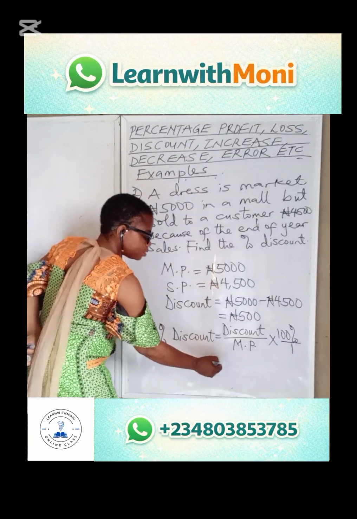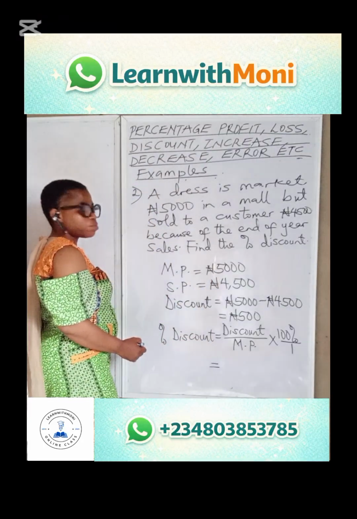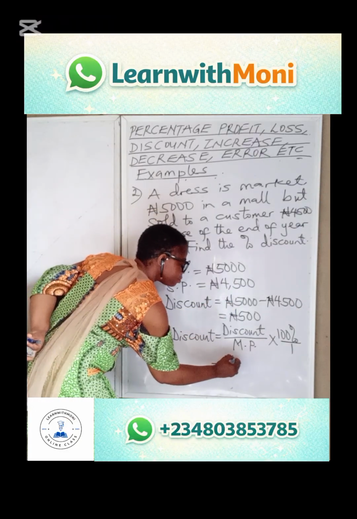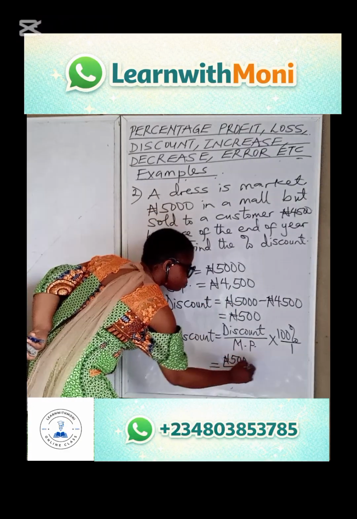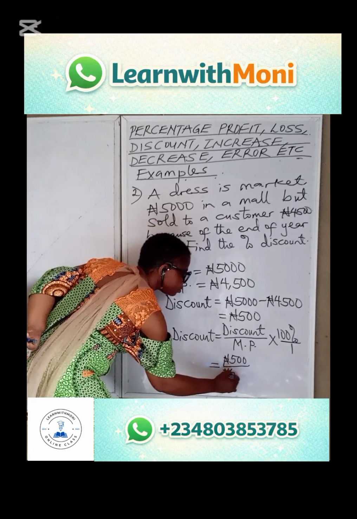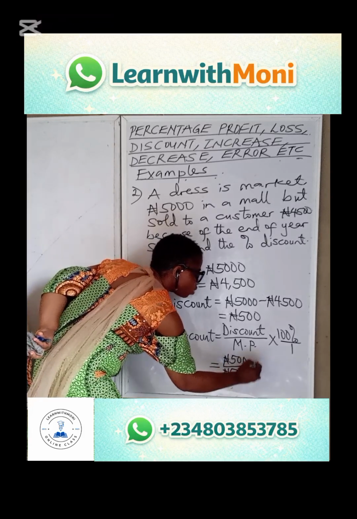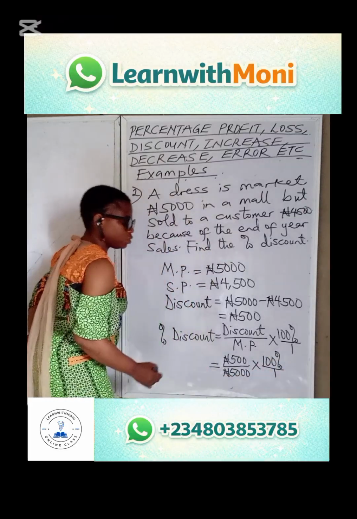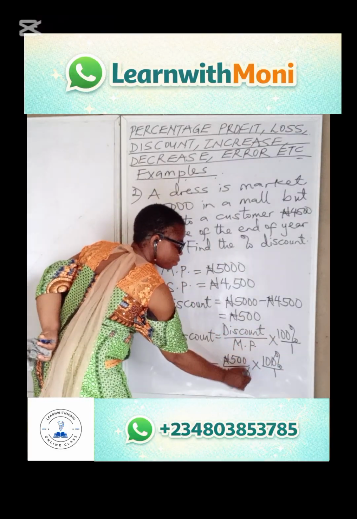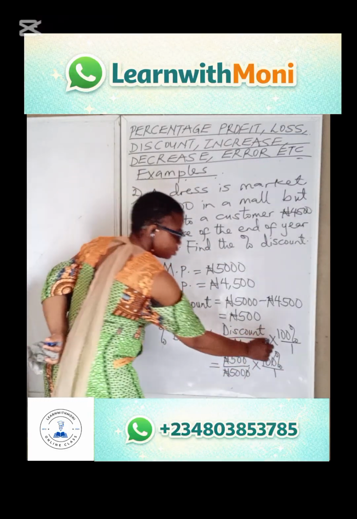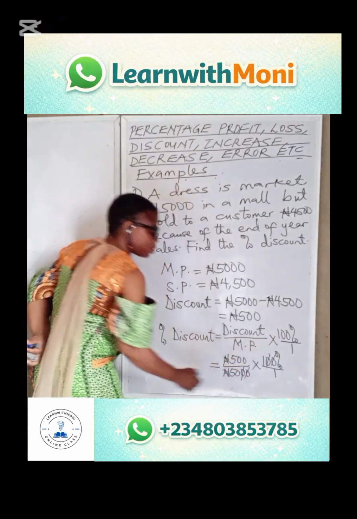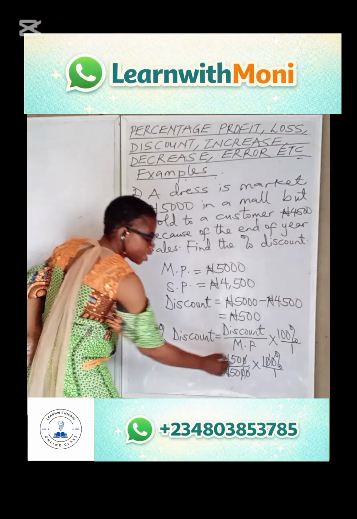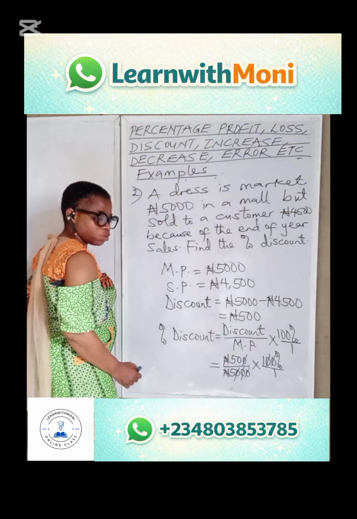So let's substitute into the formula. The actual discount is 500 naira. The marked price is 5,000 naira, times 100% over 1. So let's do this. 0 cancels 0 the way you normally divide. 0 at the top cancels another 0 at the bottom. 0 at the top here cancels another 0 at the bottom.